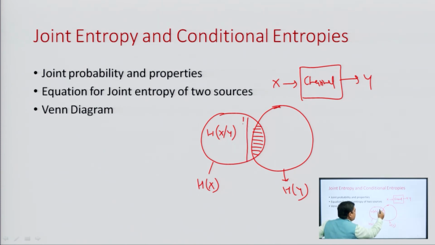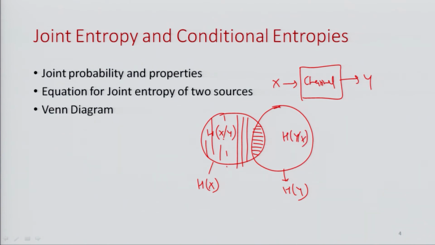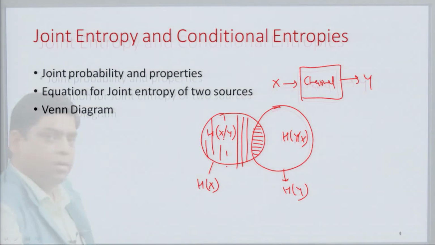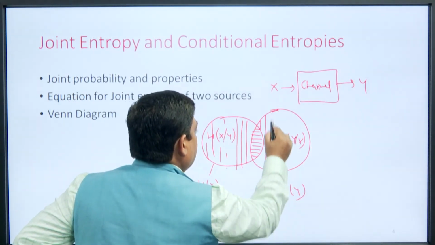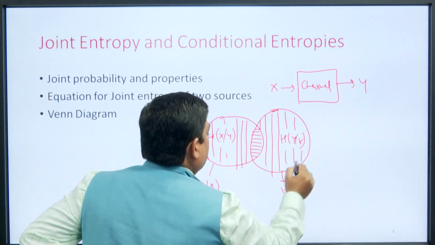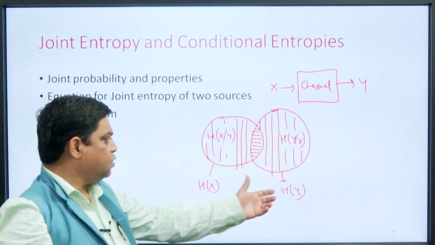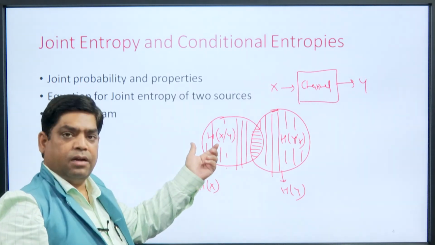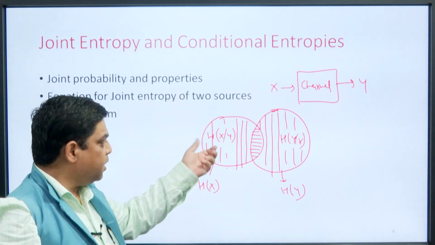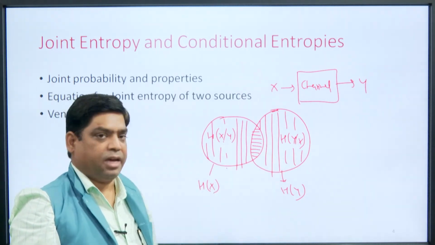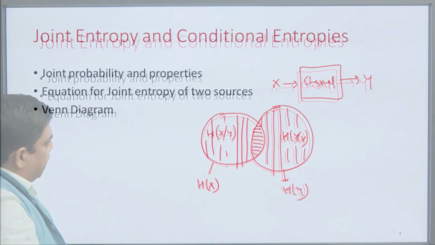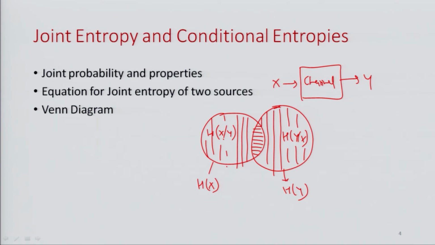This is this area, and this part is nothing but H(Y|X), the entropy of y when x is known. Then for H(X|Y) we need the conditional probability p(x|y), and here we need the conditional probability p(y|x). And suppose this common area is I(X;Y).